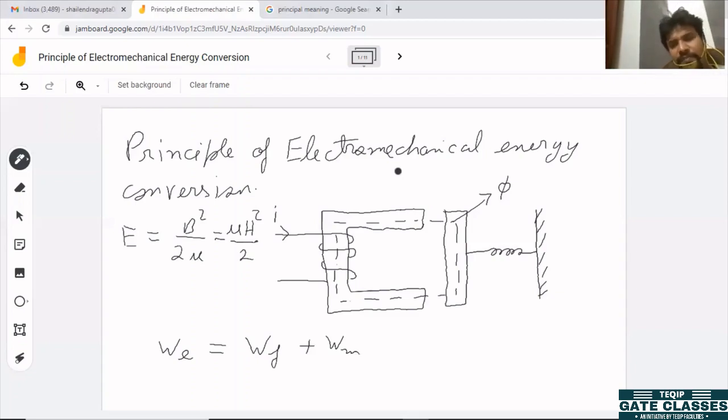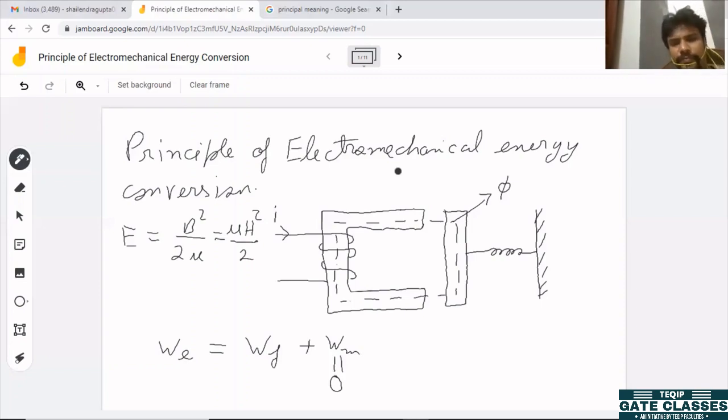So in first case, let us say that not sufficient amount of electrical energy has been injected in the coil. We have not given much electrical energy, because of which this plunger is not able to move. It is connected to a spring, and the spring constant is very high, so we are not able to move the plunger. So we will consider that this Wm is 0 here.